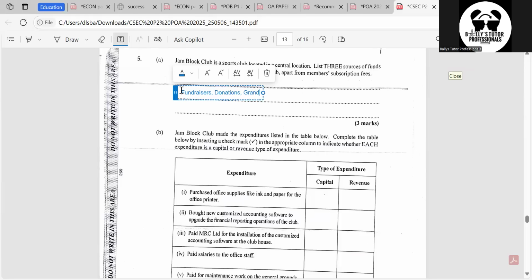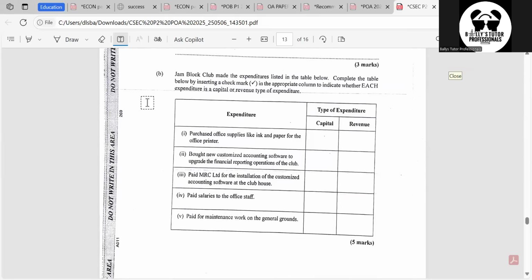They could get grants, loans, or sponsorship. A few different examples, right?